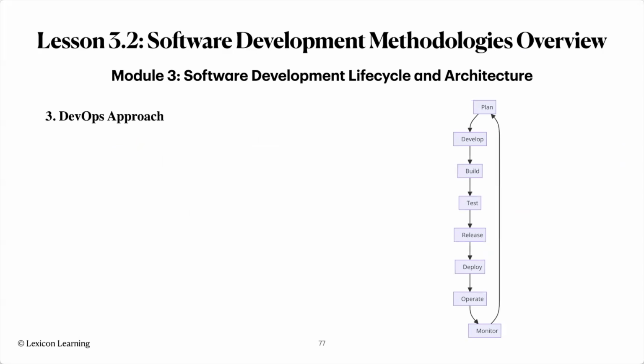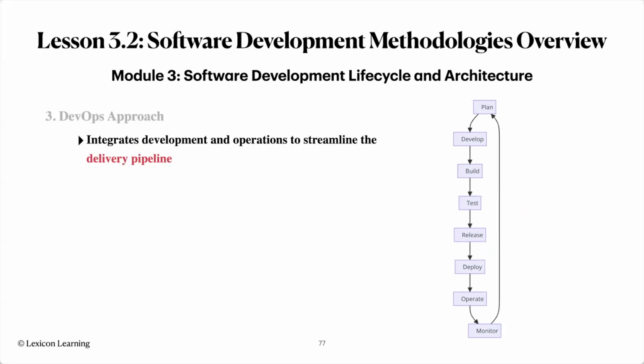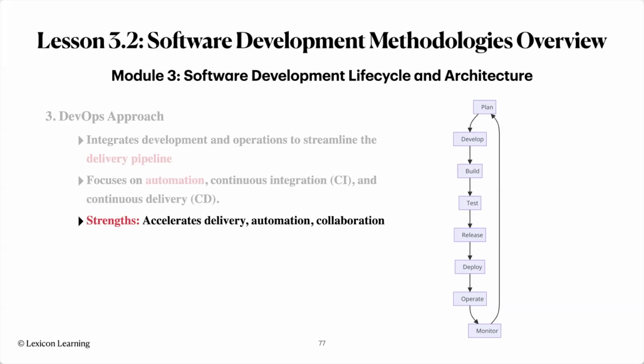And DevOps approach. DevOps integrates development and operations to streamline the delivery pipeline. It focuses on automation, continuous integration, and continuous delivery. The strengths of this methodology is it accelerates delivery, improves quality through automation, and fosters collaboration.